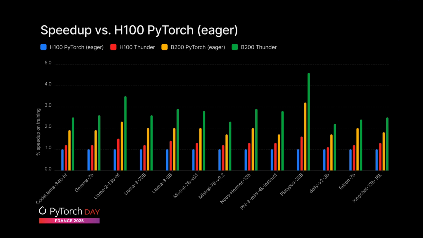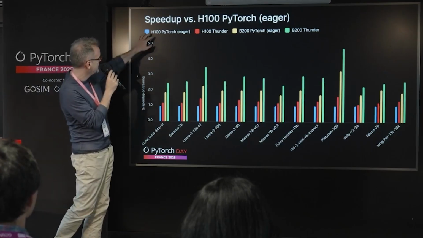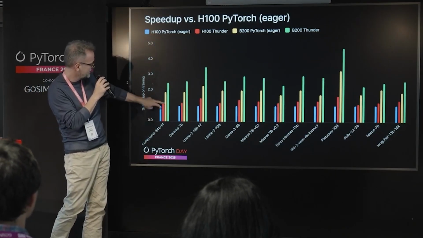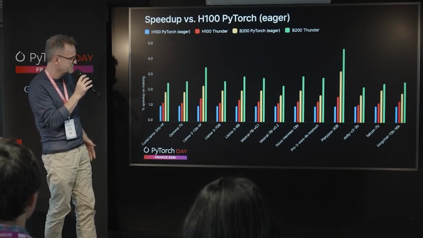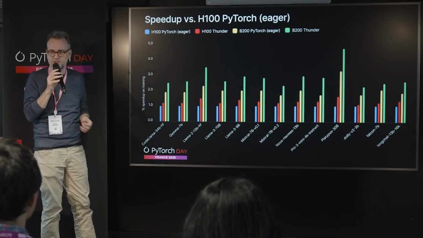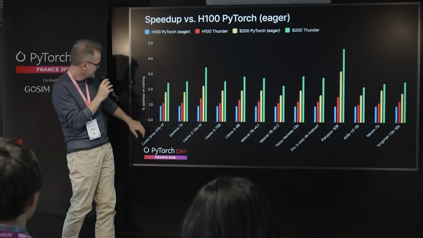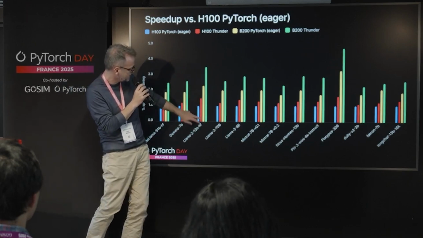And here you can see the speedups that we presented back at GTC this year. It's interesting to see that you get some speedups on H100s. So this is eager. This is with Thunder. This is a pre-training workload on different sizes, and we have a huge amount of models we're tracking. But the interesting thing is that as you move to B200, eager becomes faster, but the gap that you get from unoptimized to optimized widens.